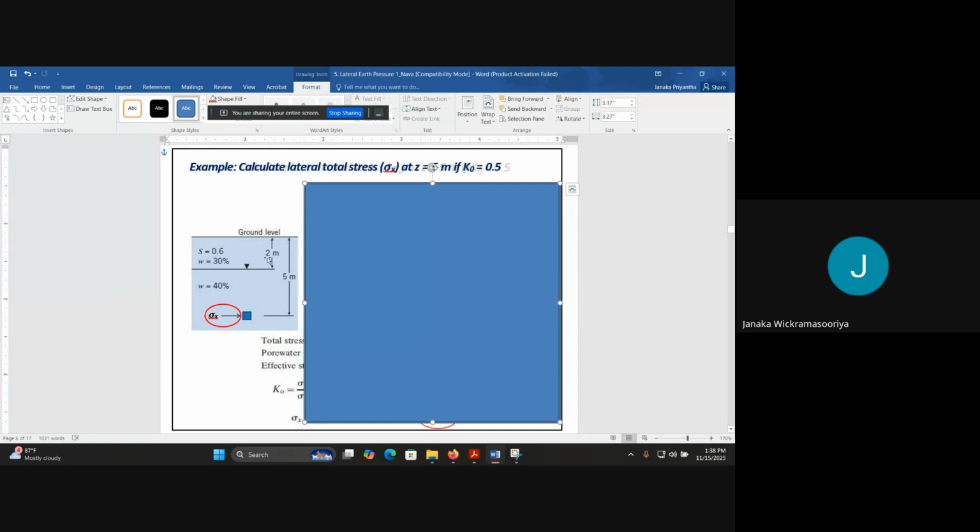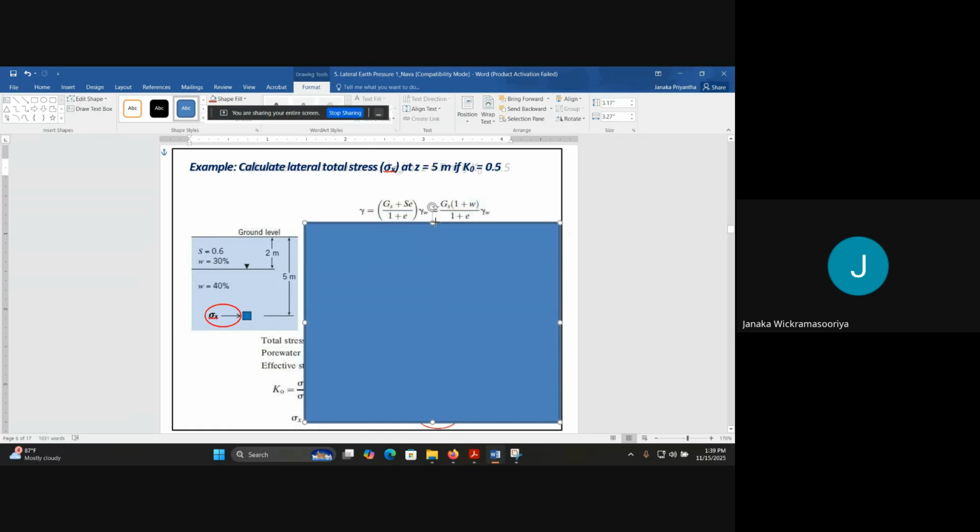Yes, but here the friction angle is not given. The reason is they have given the K naught value. So you can directly get this K naught value, but the problem is gamma is not given. So first you have to determine the unit weight. When you determine the unit weight, you can use this equation.